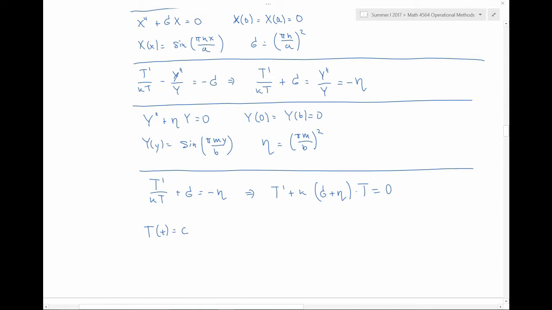Since we have a different solution for every m and every n, this constant has to be different for every n and m, times e to the minus kappa. Inside I have sigma plus eta, and sigma is pi n over a squared, and eta is pi m over b squared, all that multiplied by t.